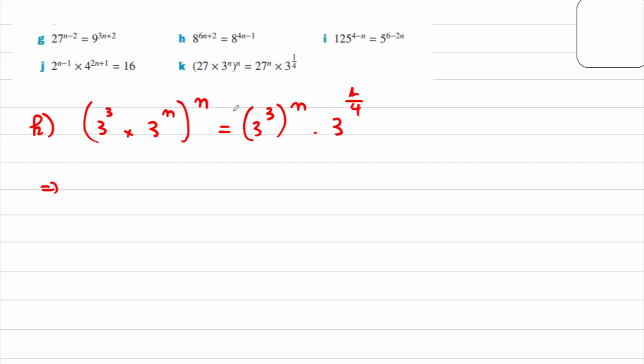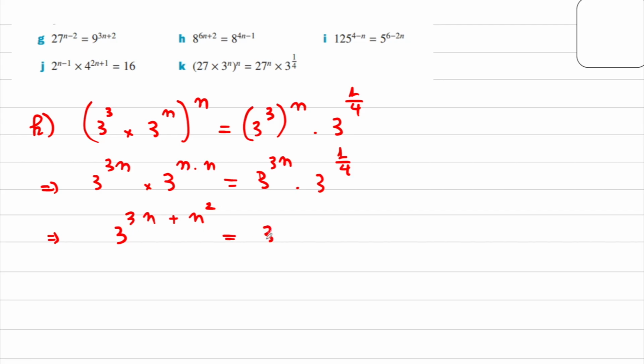Apply n for each one in here, you get 3n multiplied with 3n times n, and here you get 3n multiplied with 3 to the power 1 over 4. Yes, so simplify the left hand side: 3n plus n squared, and then 3n plus 1 over 4.